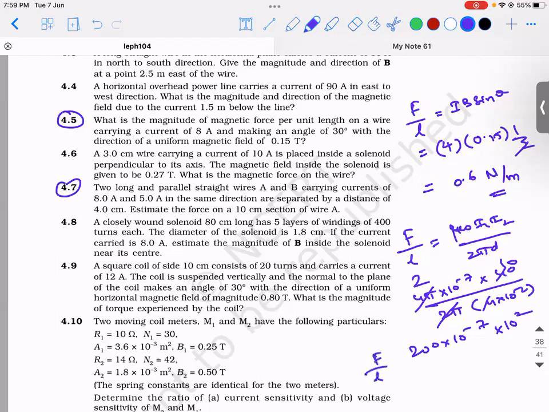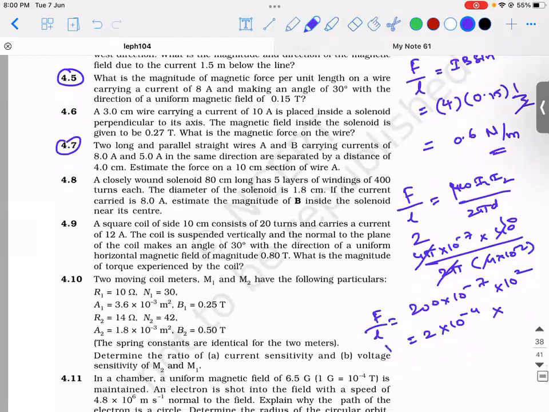This is the force per unit length, so this comes out to be 2 into 10 power minus 4. So F will be equal to 2 into 10 power minus 4 into 10 into 10 power minus 2. So 20 into 10 power minus 6, or 2 into 10 power minus 5 Newton.